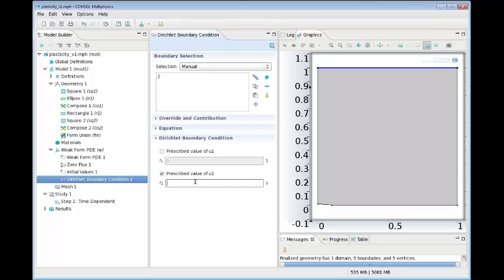Displacement y. Let's see. No, let's call it u2 naught. So I'm going to multiply this times t. I want it to be a linear function as long as t is less than, let's say, 1.